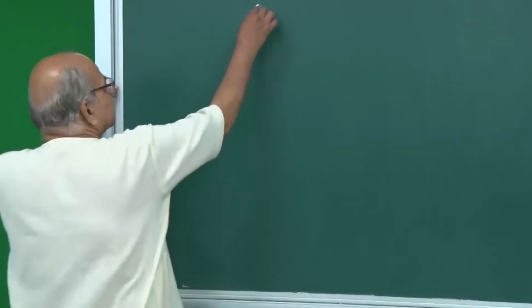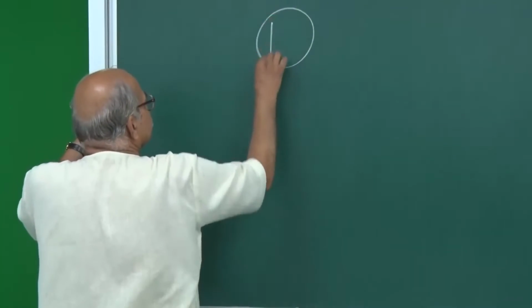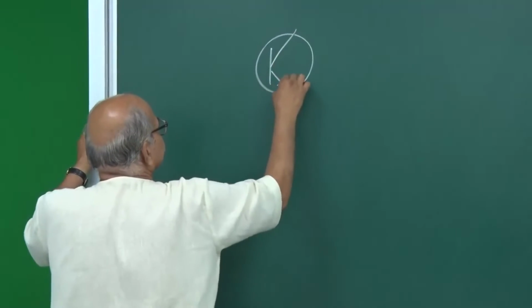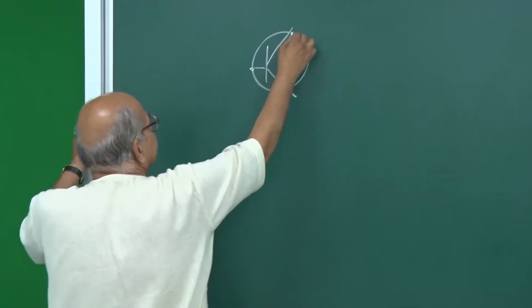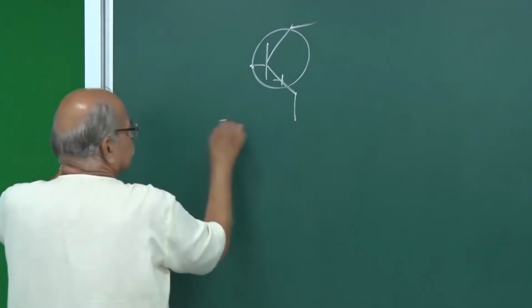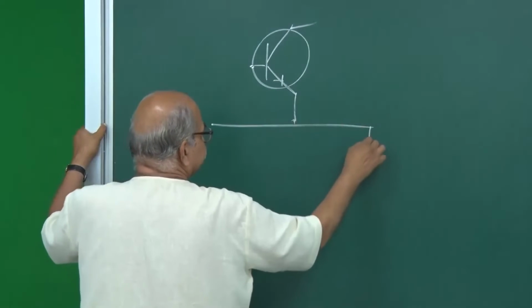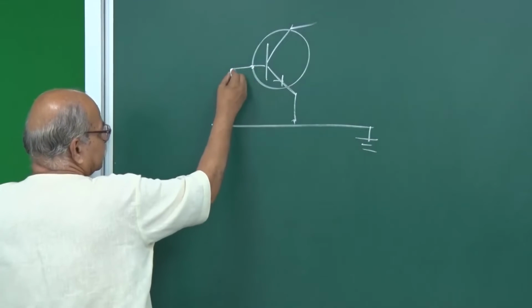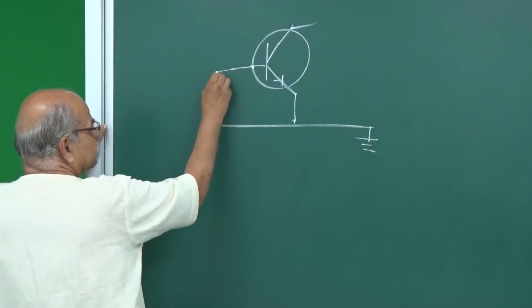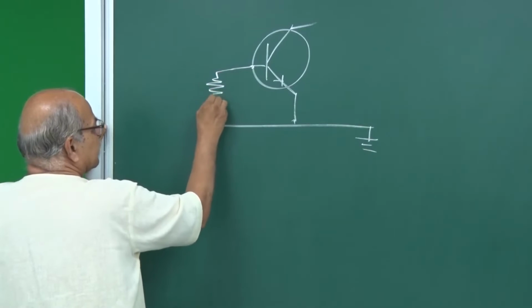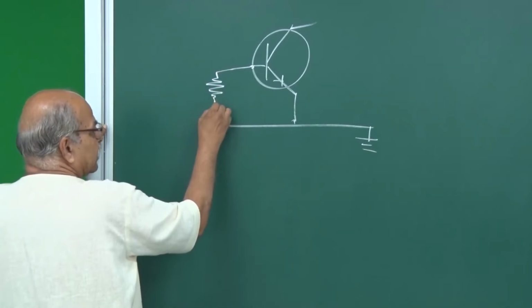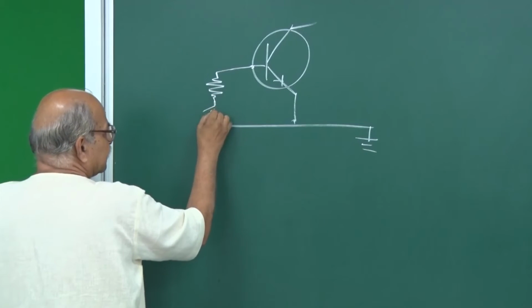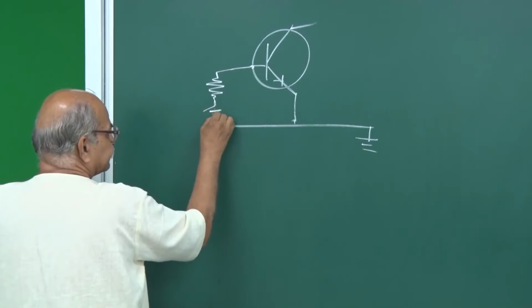So you have that transistor, and then the emitter is grounded, and on the base side you have your controls here. So you have some resistance, and after that, let me first put a switch here like this.